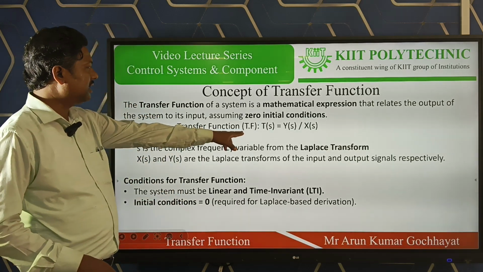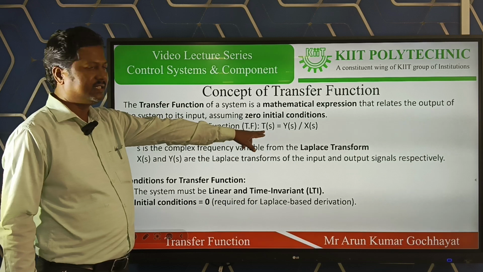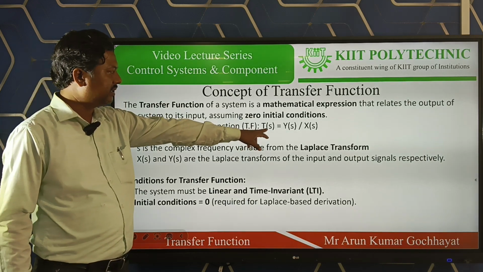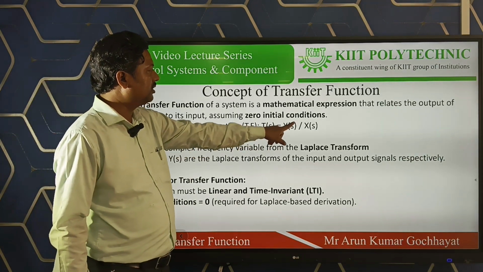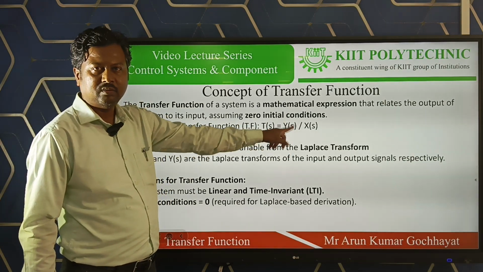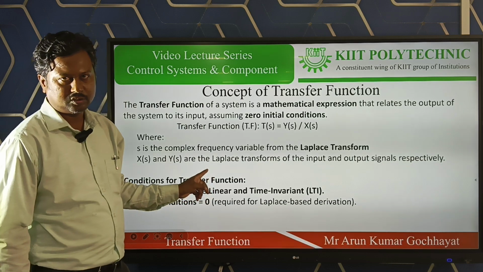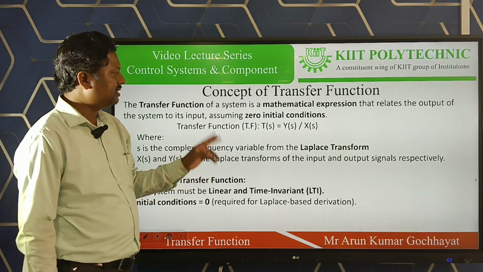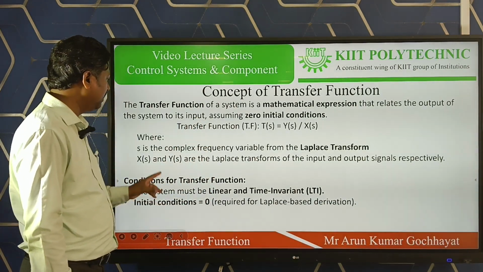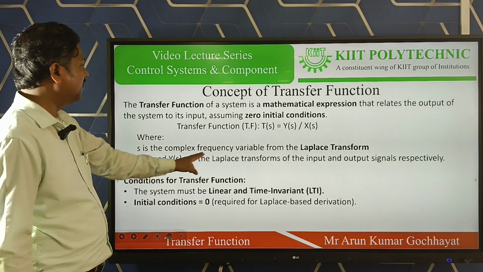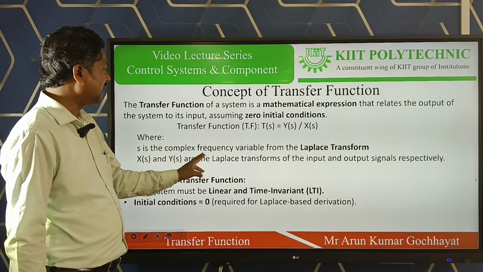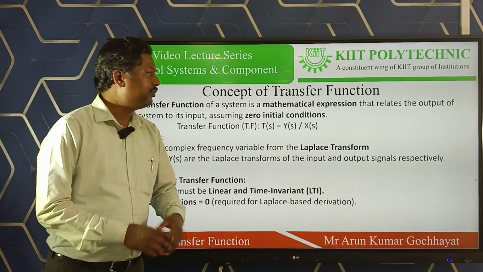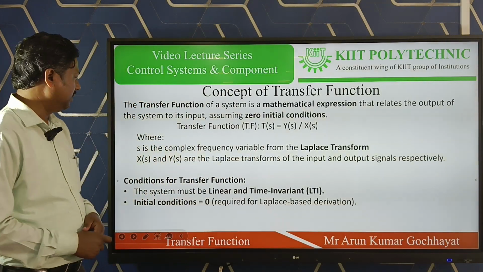So the transfer function, denoted by T(s), where s is the complex frequency variable, is nothing but the ratio of Y(s) to X(s), where Y(s) is the Laplace transform of output and X(s) is the Laplace transform of input. s is the complex frequency variable from the Laplace transform, and X(s) and Y(s) are the Laplace transforms of the input and output signals respectively.